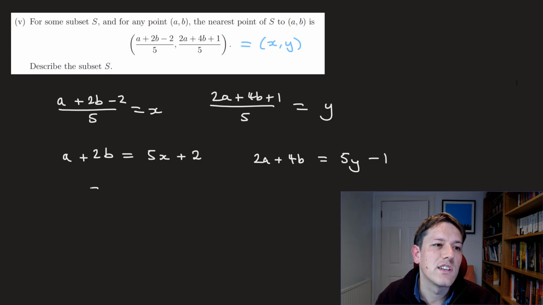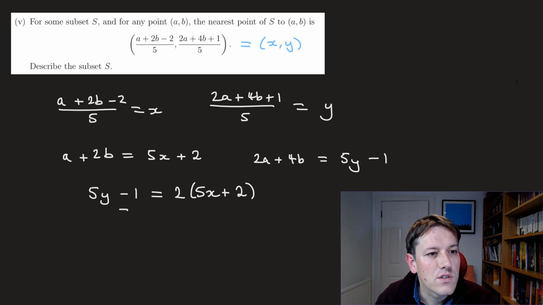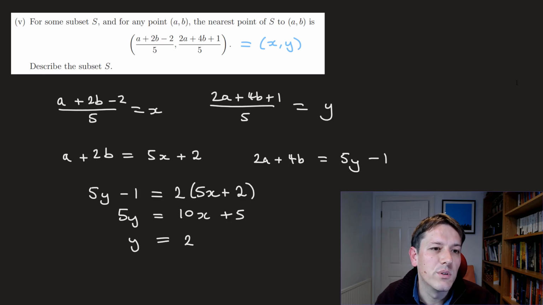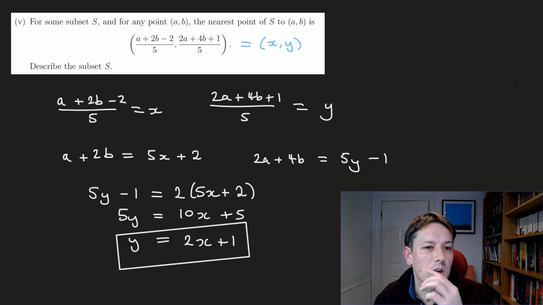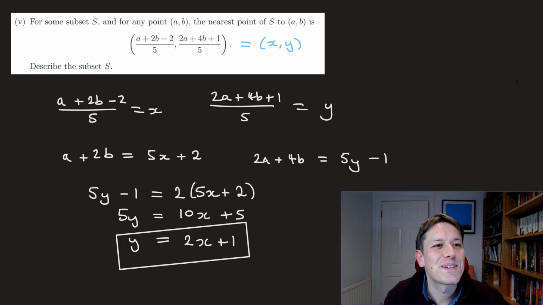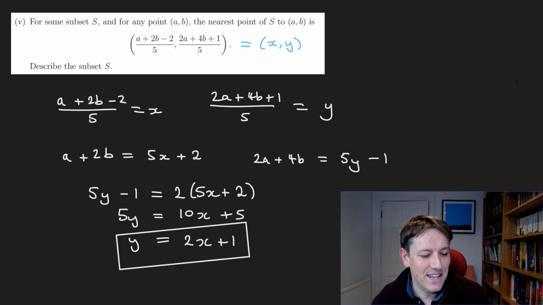So actually we have that 5y minus 1 is 2 times 5x plus 2, so 5y equals 10x plus 4 plus 1, which is 5, so I've got y equals 2x plus 1, right? So y equals 2x plus 1 is the subset S.